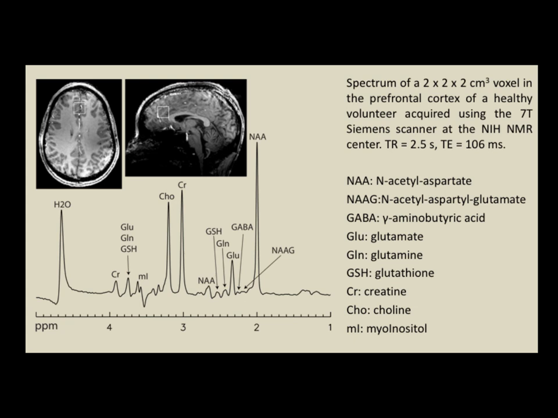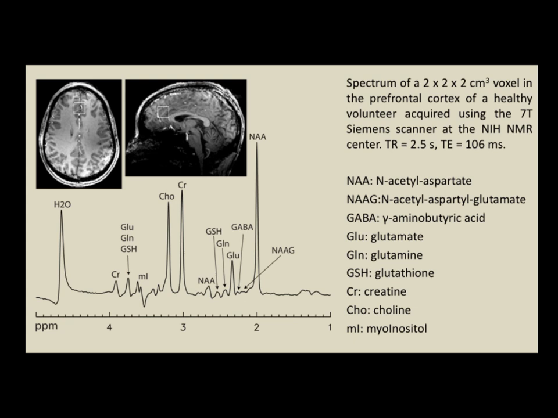You see the highest peak at 2 ppm is NAA, N-acetyl aspartate. The second highest peak at about 3 ppm is creatine. Then the third highest peak is choline at 3.02 ppm.